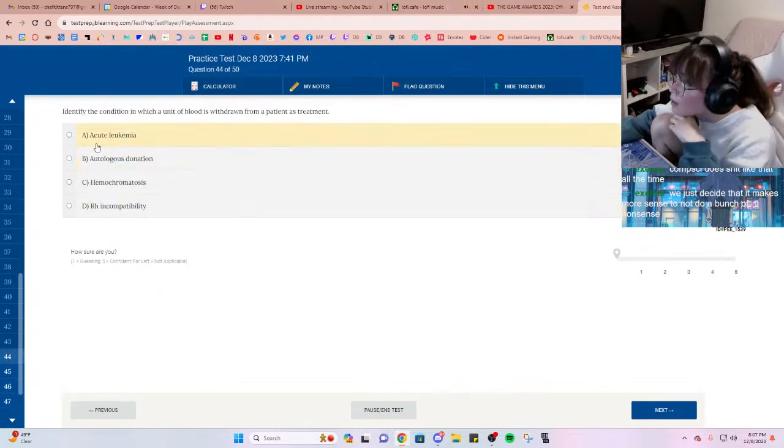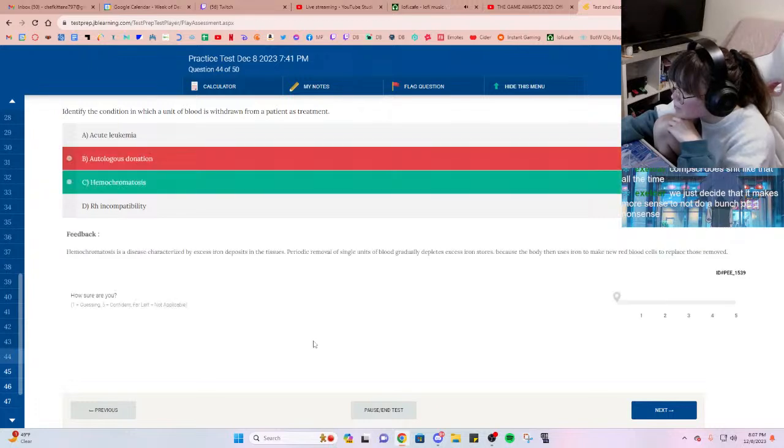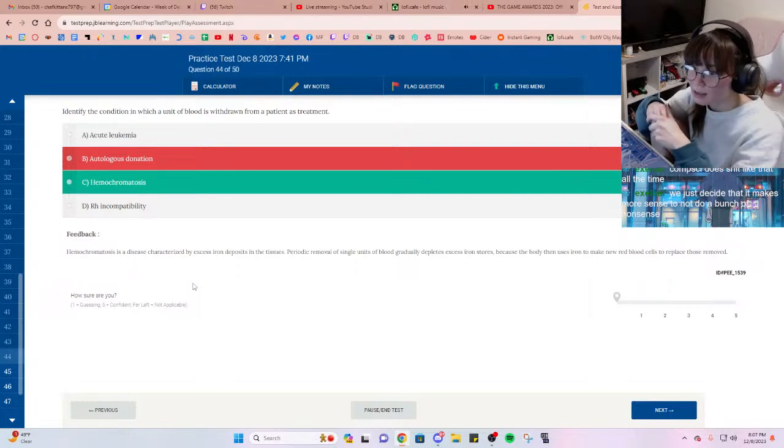That's my bad. Identify the condition in which a unit of blood is withdrawn from a patient as a treatment. Autologous donation? Hemochromatosis. Hemochromatosis is a disease characterized by excess iron deposits in the tissues. I've never heard of hemochromatosis. I guess autologous donation is not a treatment for anything.